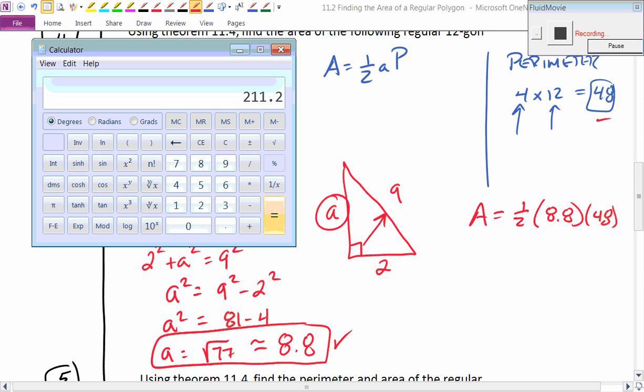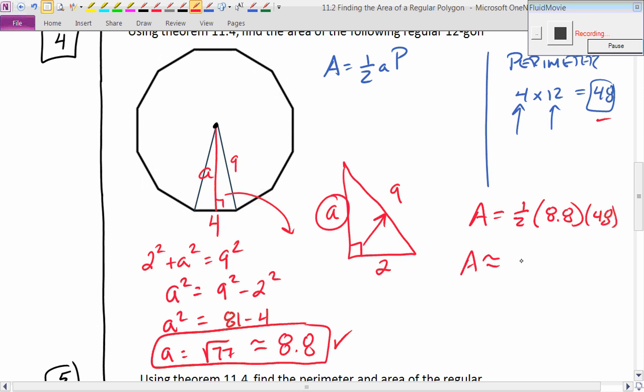Did I do something wrong? Can someone else verify that I got this? Okay. So I always say about 211 units squared. The book is going to give you an estimate, so if you're within 0.1, you're probably okay.